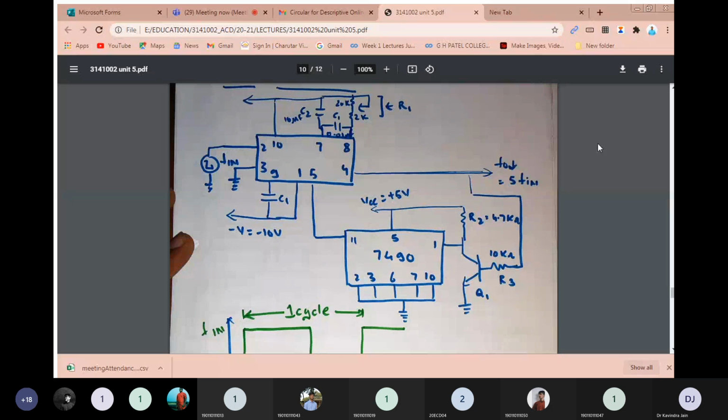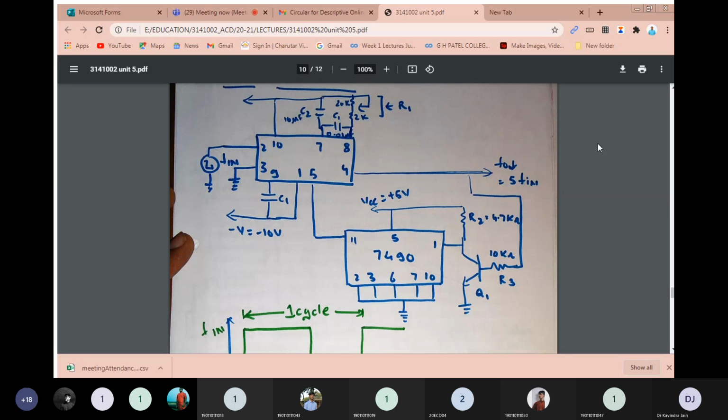Thank you, Vidisha. Now I request you to please note down a few points about this frequency multiplier. The first point: the frequency divider is inserted between the VCO and the phase comparator.